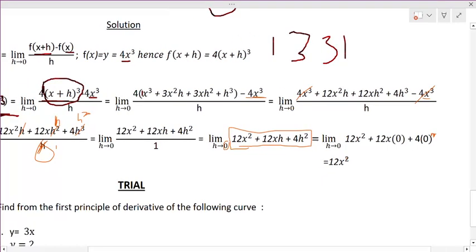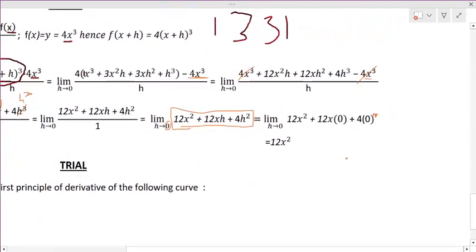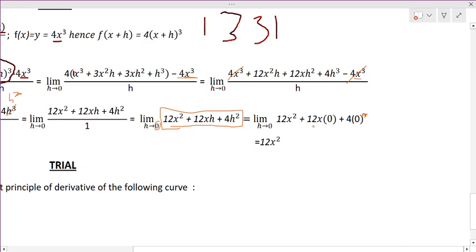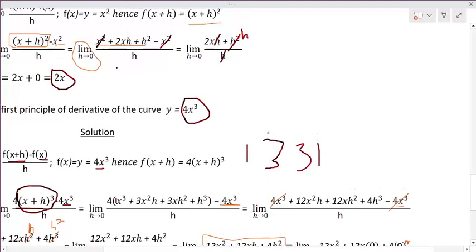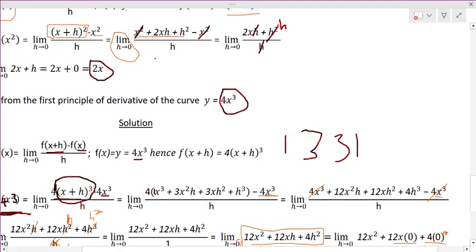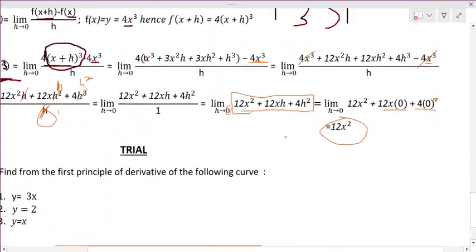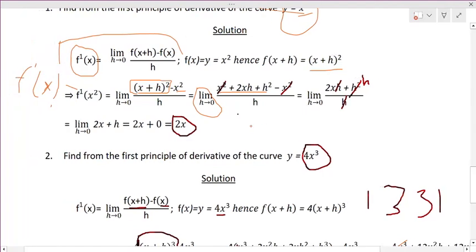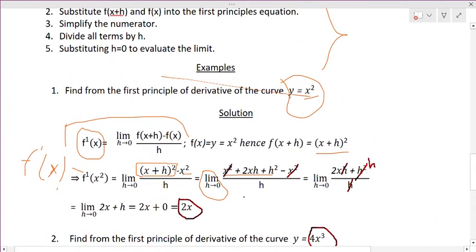You can see that this one goes to 0, this one goes to 0, so it will be left with 12x squared. So bear in mind, whenever you differentiate 4x cubed, you get 12x squared, and whenever you differentiate x squared, you get 2x.